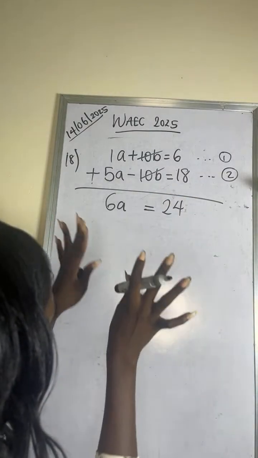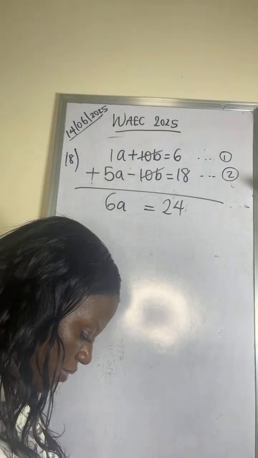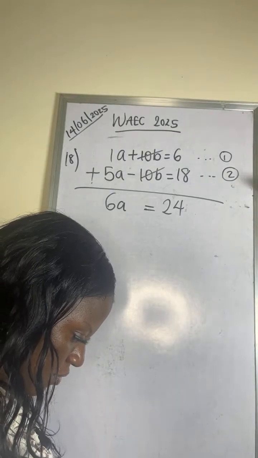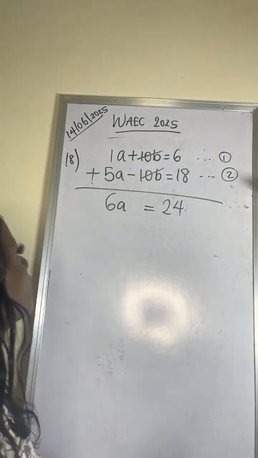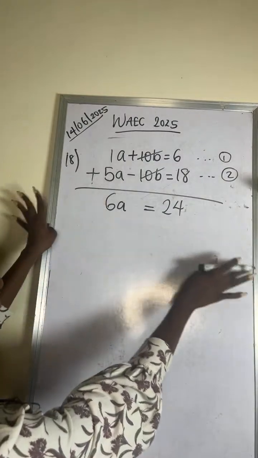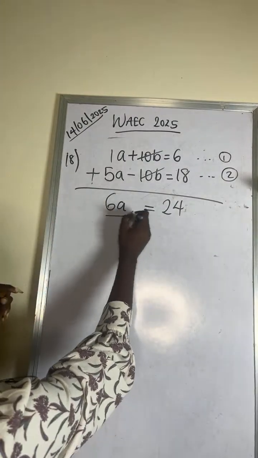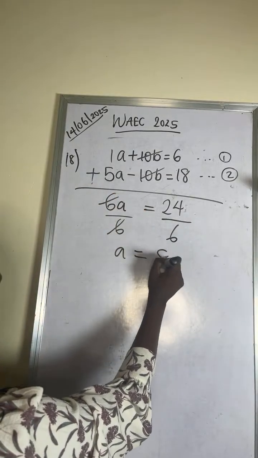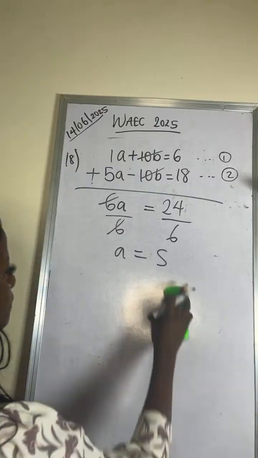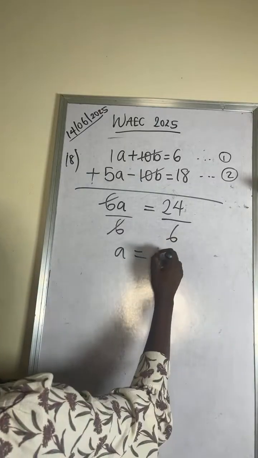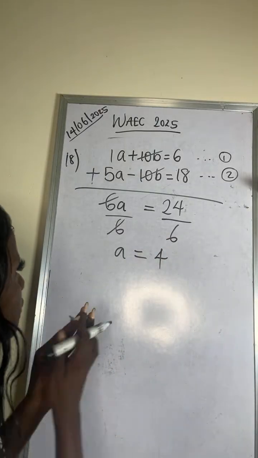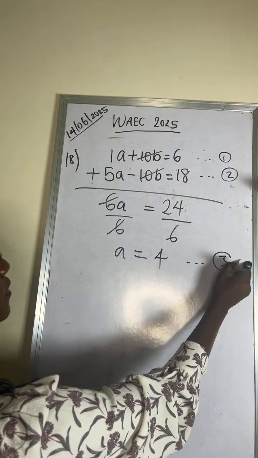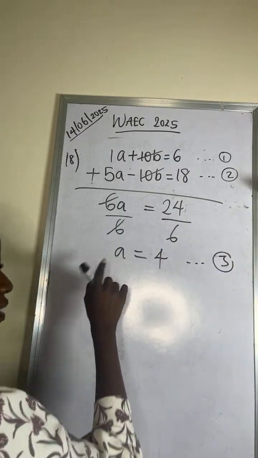Let's confirm, please. Try not to do the wrong thing. Okay, 24. Good. So from here, you just divide both sides by 6. So we have a to be 4. 24 divided by 6 is 4, right? So you can call this equation 3. So from here, you already have a.